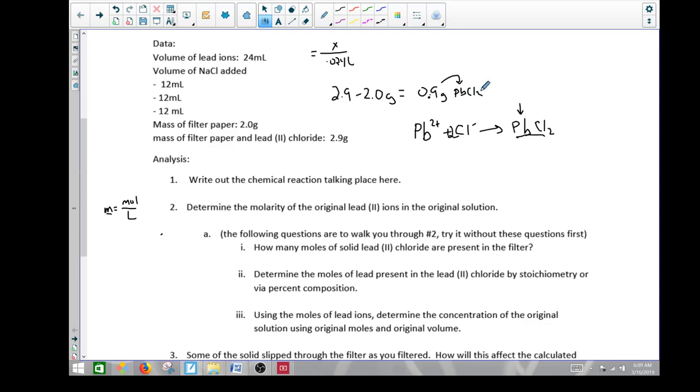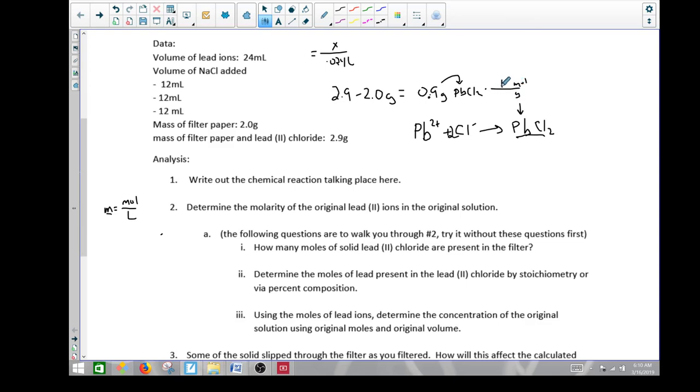You could use percent by mass. You could use stoichiometry. I did a percent by mass in an earlier video, but I'm going to use stoich here. Dot line, get rid of grams, go to moles. This is lead chloride, 1 mole. So we're going to add up the molar mass of lead chloride.